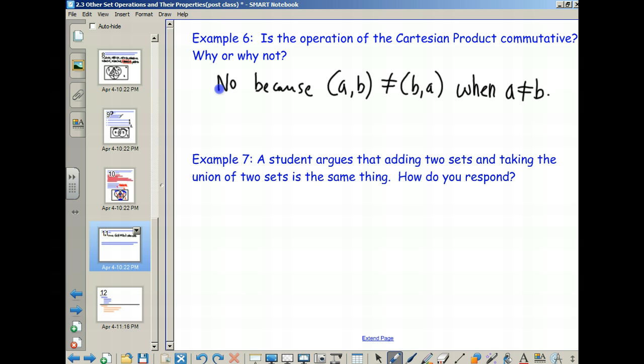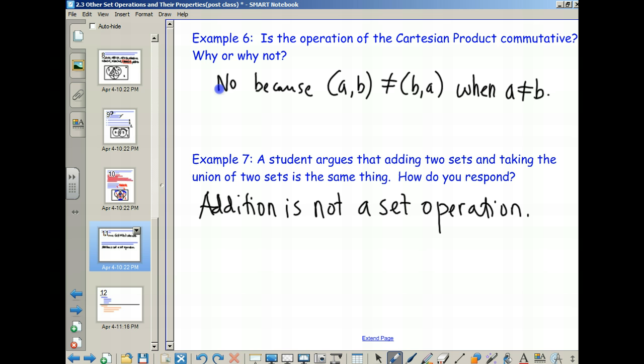So the issue, first of all, is that addition is not a set operation. Okay, it is not a set operation.